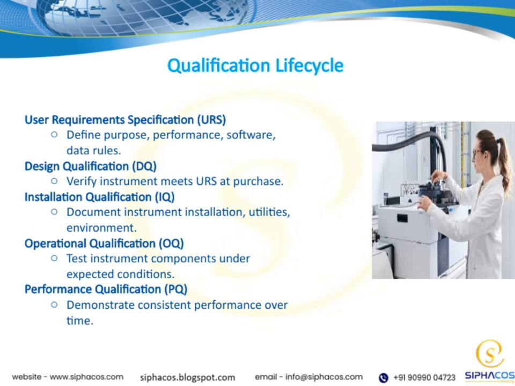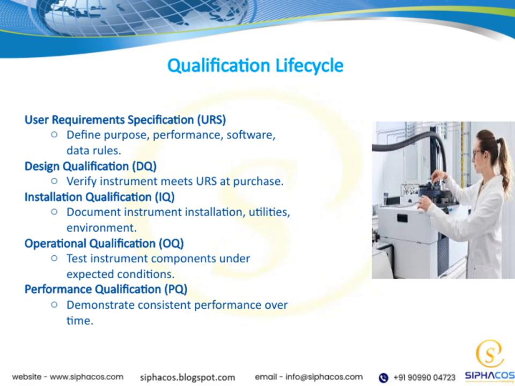After that, we move to Operational Qualification, or OQ. This is where we test the individual components of the instrument under expected working conditions. It helps us verify that the equipment functions correctly and consistently during normal operation. Finally, we have Performance Qualification, or PQ.